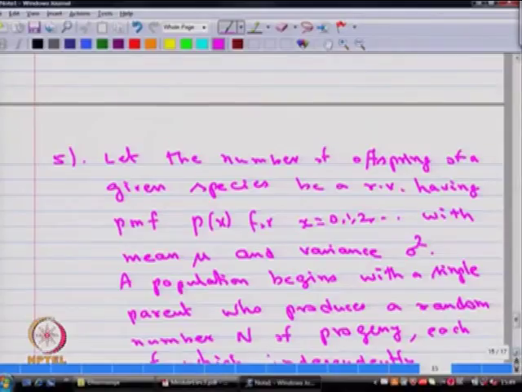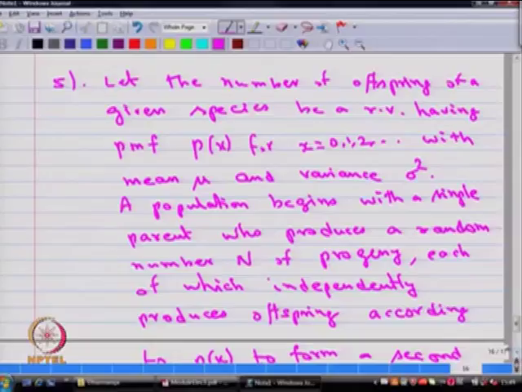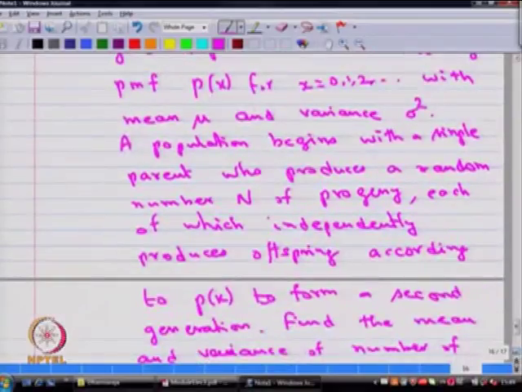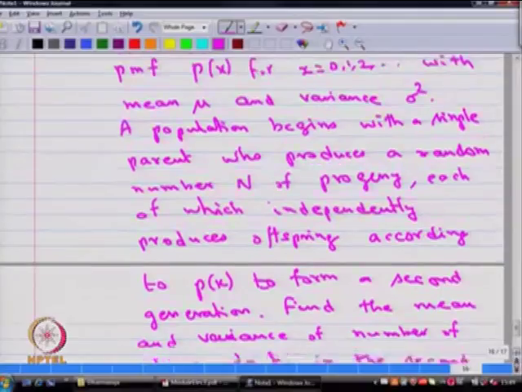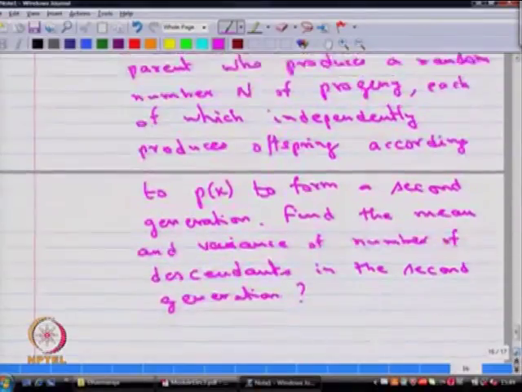A population begins with a single parent who produces a random number, say capital N of progeny, each of which independently produces offspring according to p of x to form a second generation. Find the mean and variance of the number of descendants in the second generation.